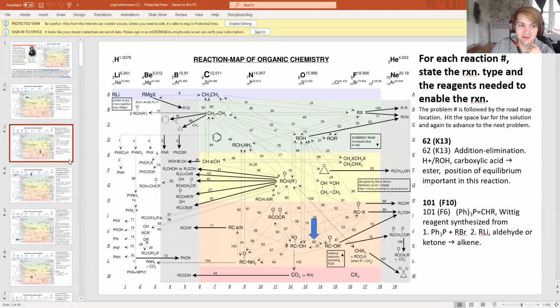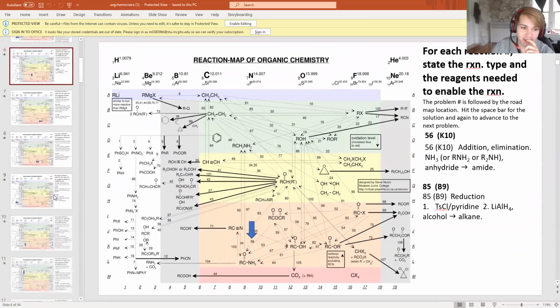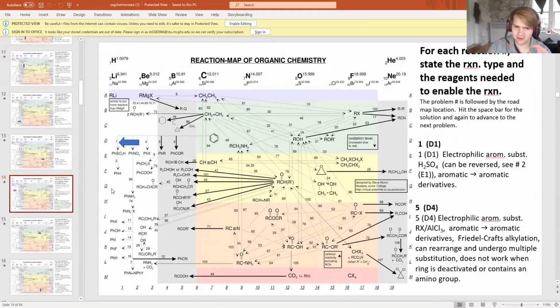I found this, and by God, it is intense. So MCP won't necessarily know all of this, but definitely my other schools will. So expect by the end of the second semester for me to whip this thing out and for you to understand a good deal of it. All right.